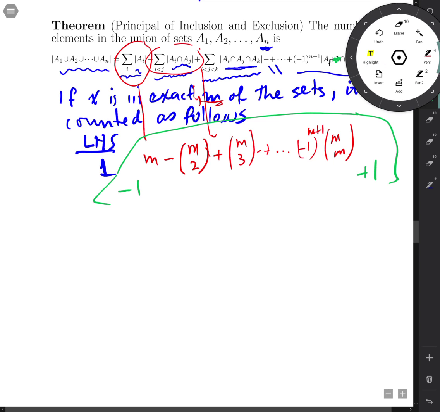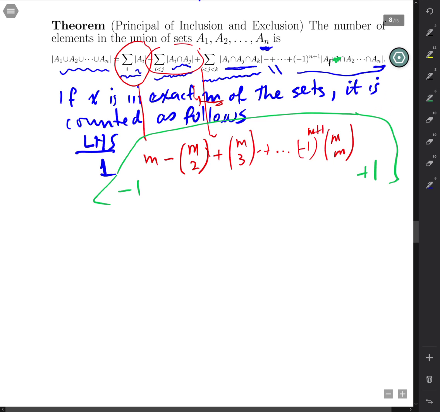Going back to the red that we were using, I'm going to write that as minus m choose 0, plus m choose 1, minus m choose 2, etc. The next term is plus, I won't write it in there, all the way to minus 1 to the m plus 1, m choose m plus 1.